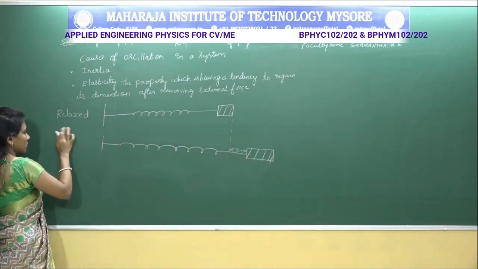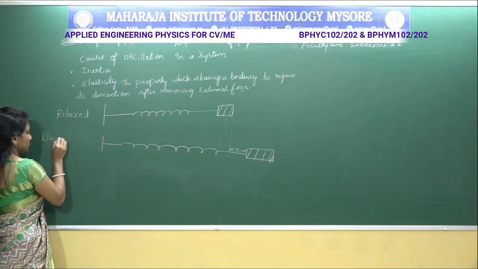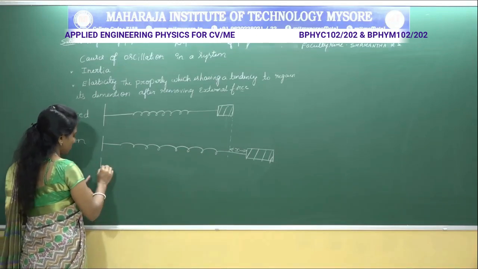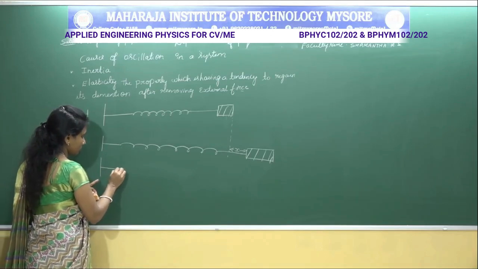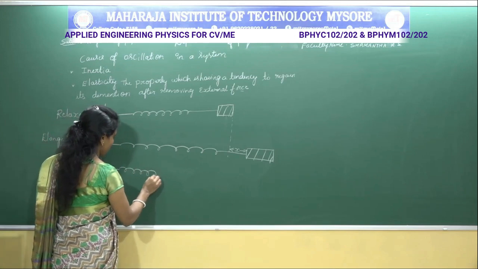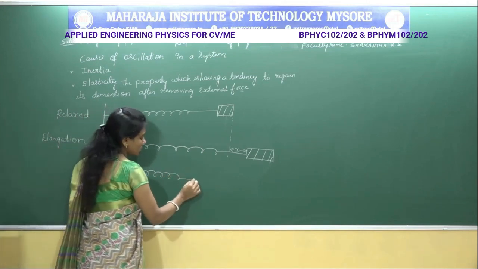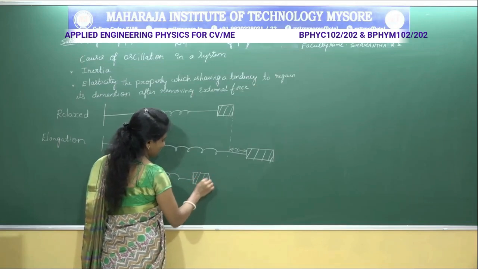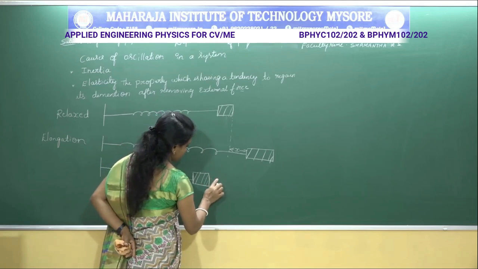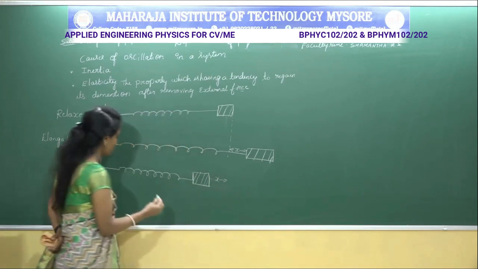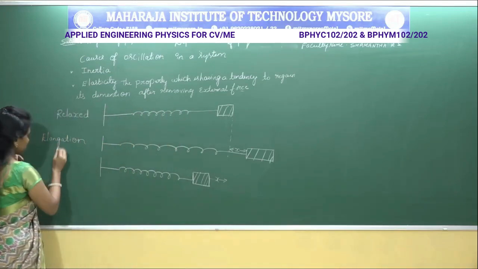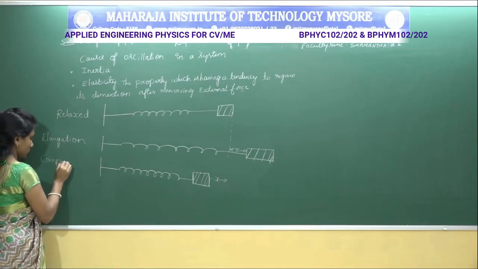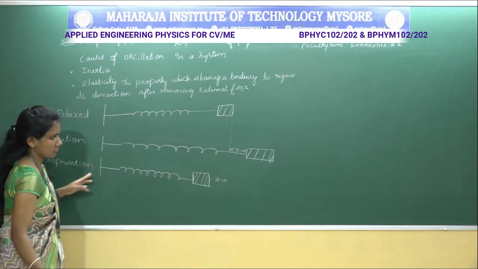So this is the form of elongation, and this is the compression form.